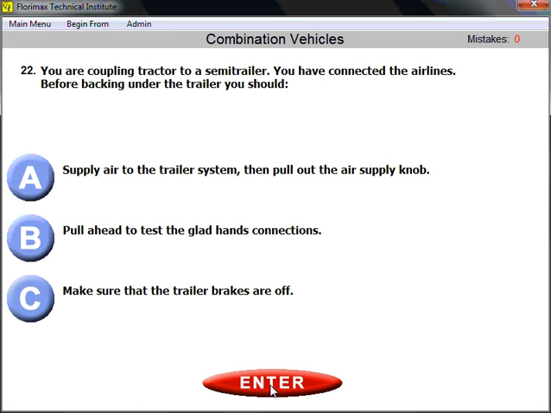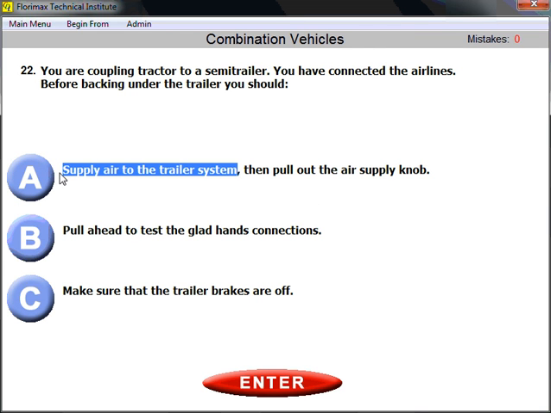Question number 22. You are coupling a tractor to a semi-trailer. You are in the process of coupling. You have connected the air lines. Now, before backing under the trailer, you should supply air to the trailer system. The question looks and sounds very similar to the question we had two questions ago, but different options are given to you.